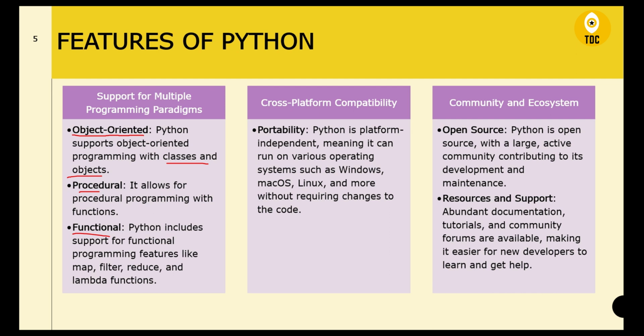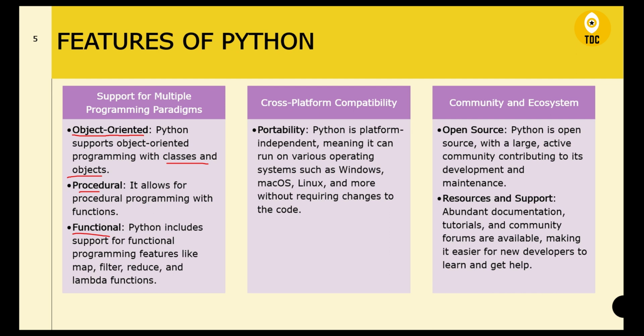And community and ecosystem, right? Python is open source. Open source means it doesn't have any proprietorship where a particular person owns the rights to Python. It has a large community of active programmers and contributors who are writing and supporting a lot of libraries and helping it evolve over time.